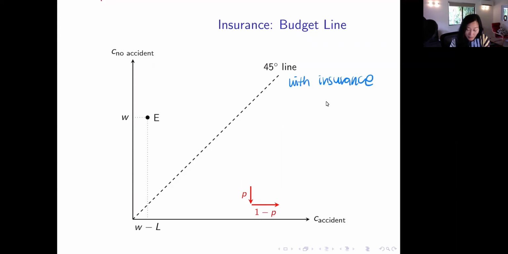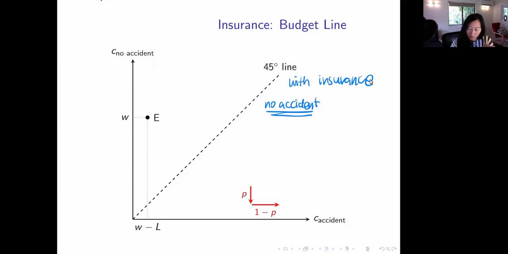It's easier to start with no accident. With insurance, if there is no accident, then you will lose wealth by P dollars. Let's just look at 1 unit of insurance.